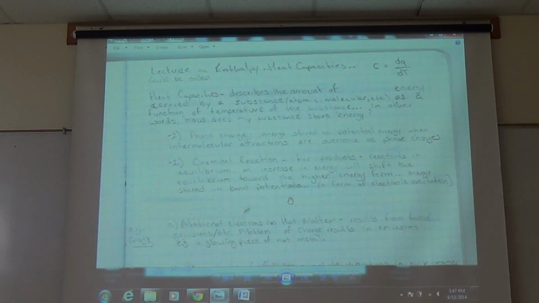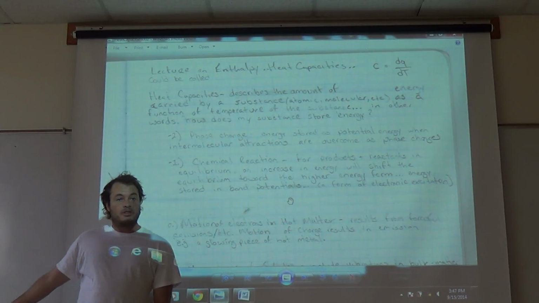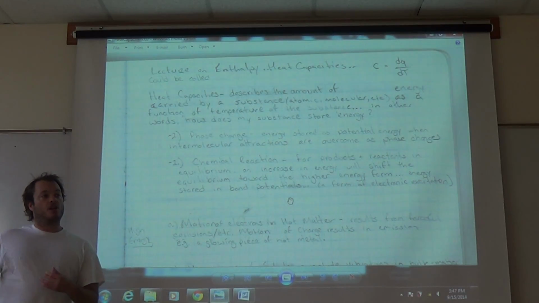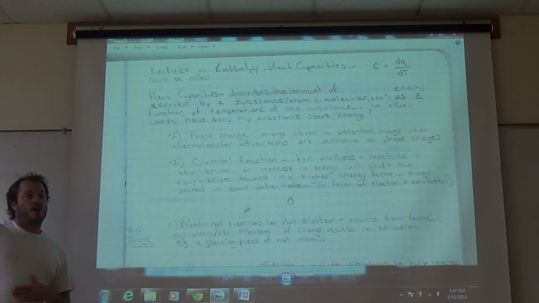We know that heat flows from one system to another if there is a temperature difference. So if one system is at a higher temperature than another system, and there's a mechanism through which they can exchange energy, either through direct contact or through those action at a distance forces, energy is always going to flow from a body of higher temperature to a body of lower temperature.